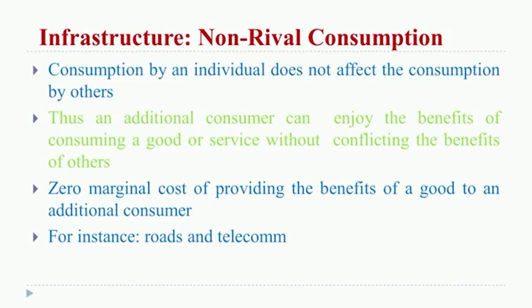There is also one more feature, and that feature is the non-rival consumption in infrastructure. What is basically non-rival consumption? Rival consumptions are those where, suppose I have a glass of Pepsi and I am taking that glass of Pepsi, others cannot take the same glass because I am finishing it.